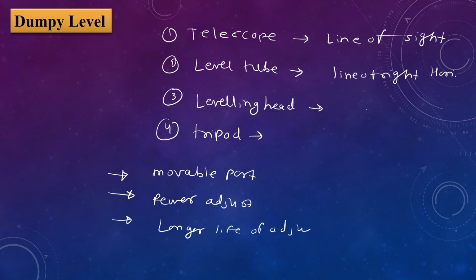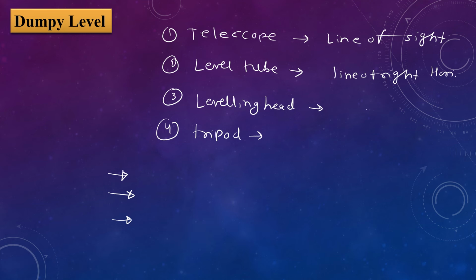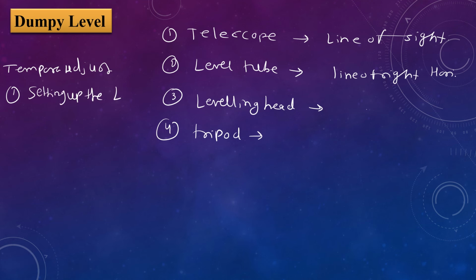Then next are the adjustments, which are temporary adjustments and permanent adjustments. First we see the temporary adjustments. Temporary adjustments in case of dumpy level are, first one is setting up the level. Second is leveling up.